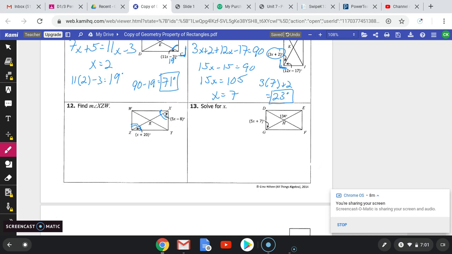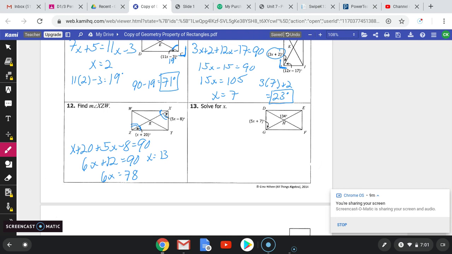And then you add them together, x plus 20 plus 5x minus 8, set it equal to 90. 6x plus 12 equals 90. 6x equals 78. And then x is going to equal what? 13.